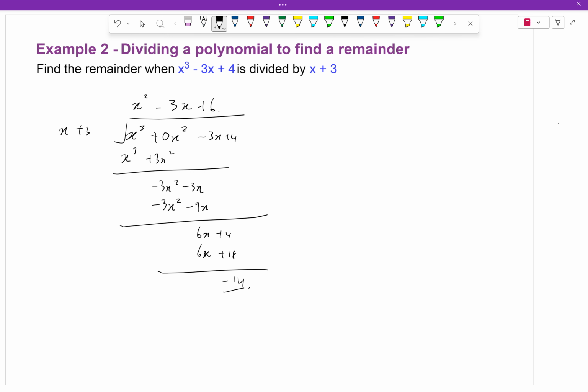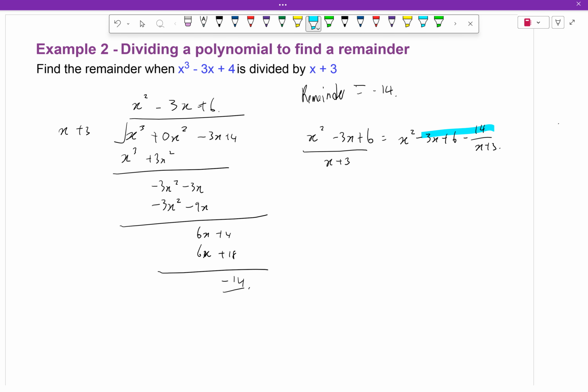So this is our answer. If we want to express it, it will just become plus 6 equals, here, x plus 3 times x squared minus 3x plus 6 minus 14 over x plus 3.